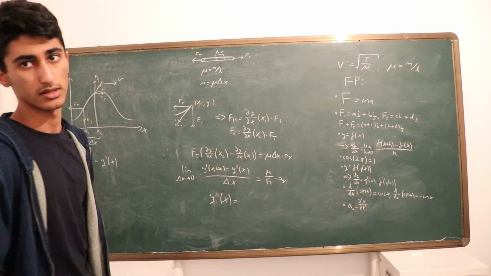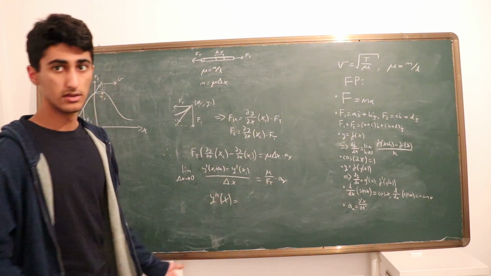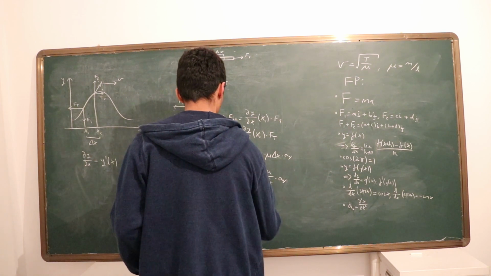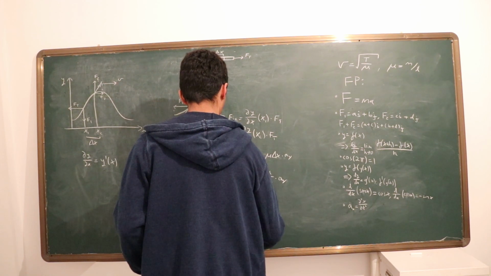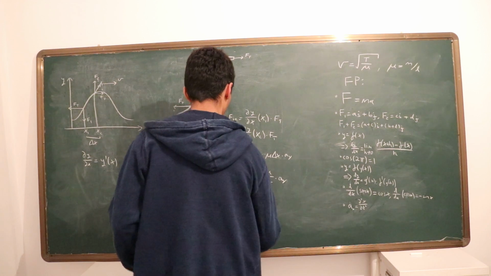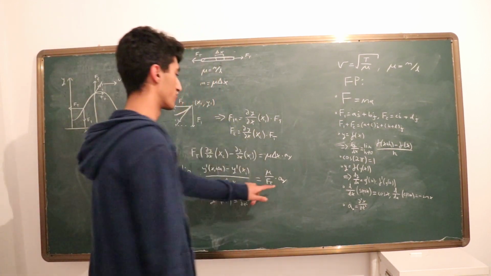It could be anything, so you just call it x because it's a variable. So y double prime of x, which is by definition just d squared y dx squared, that's going to be equal to this right side.